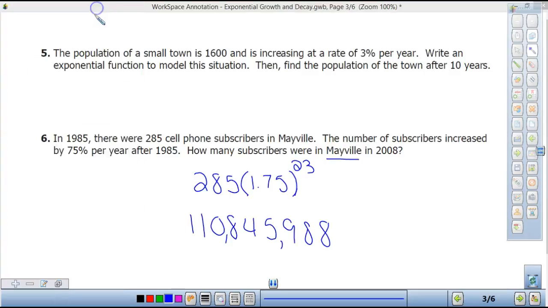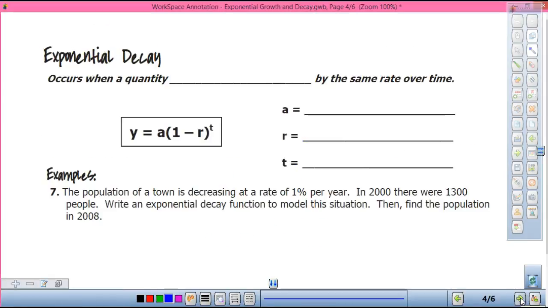All right. Meanwhile, flip the page. Exponential decay. You need to pay a little bit closer attention, because now we're decreasing.